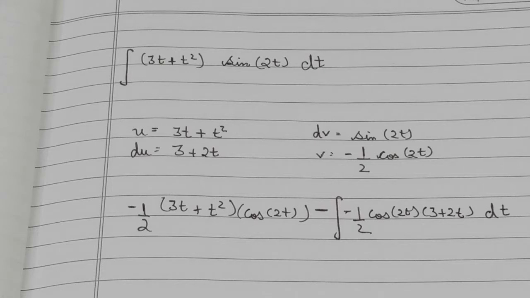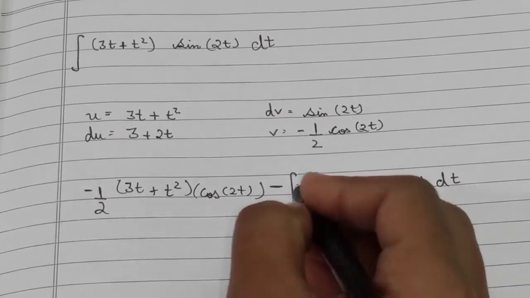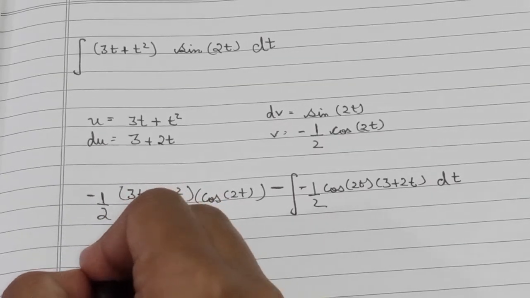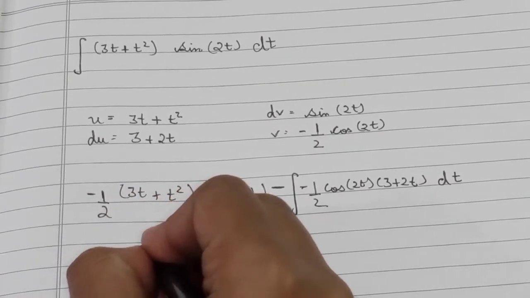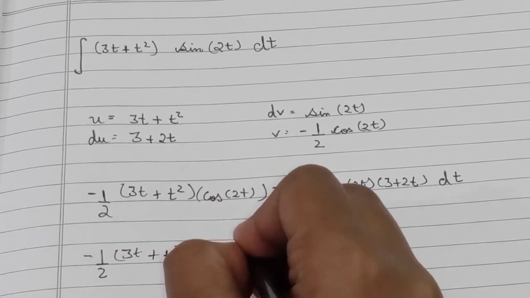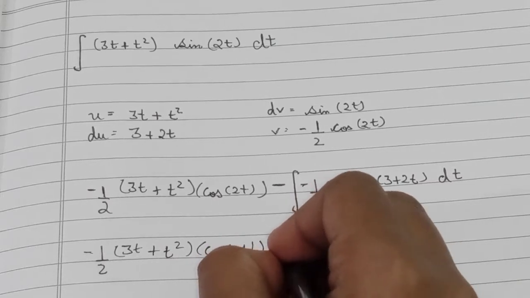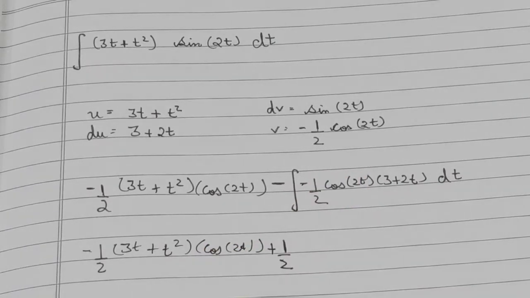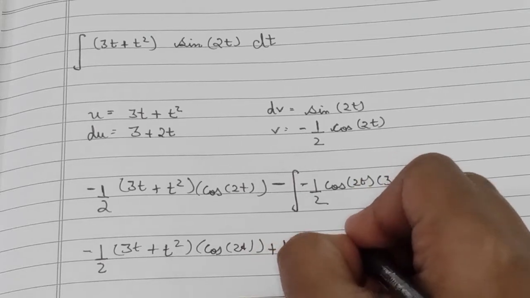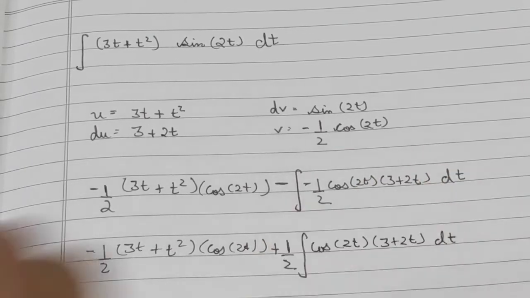Now applying linearity, we can factor out the negative 1/2, so we get negative 1/2 (3t + t²) cosine of 2t, minus into minus, that's a positive 1/2, into the integral of cosine of 2t into (3 + 2t) dt.